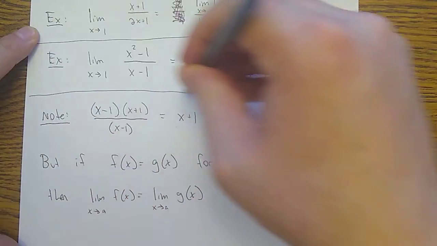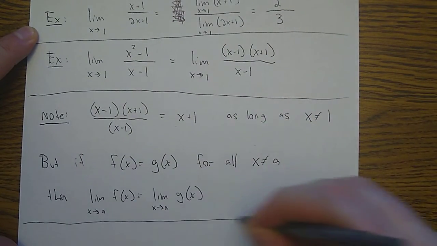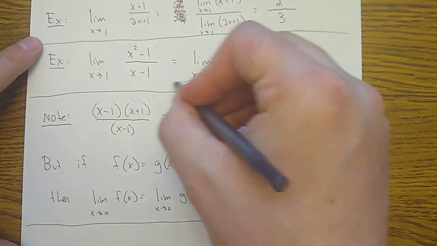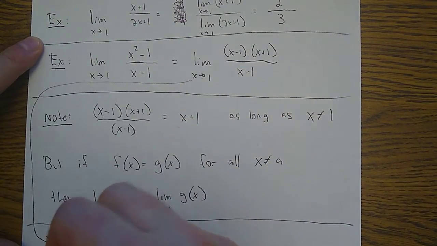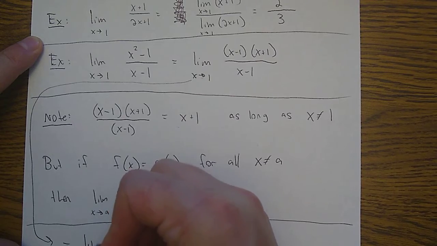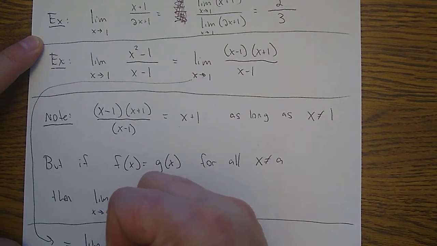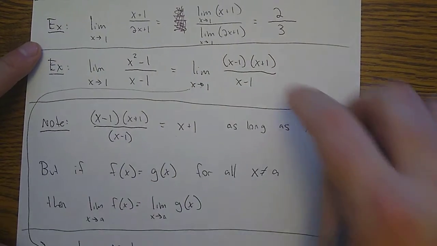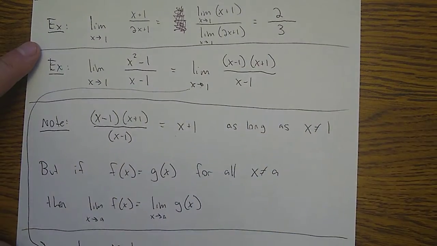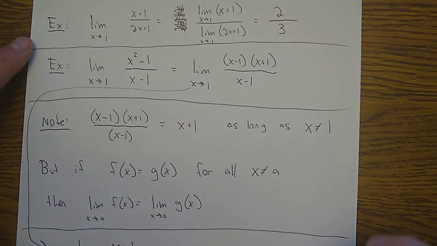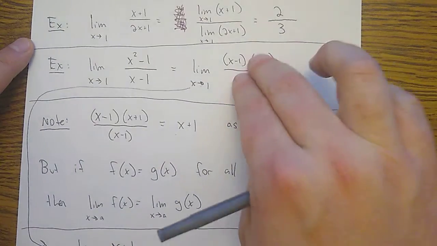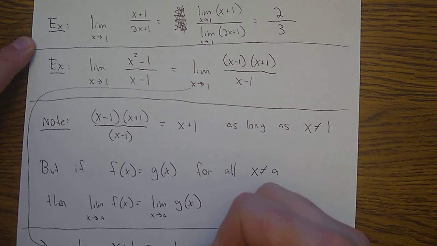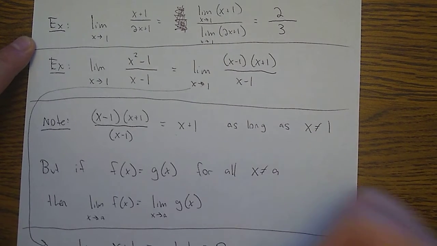So maybe let me put some lines around this note, and then I can pick up from here. Because this is the same as x plus 1, as long as x is not equal to 1, and I'm doing a limit as x goes to 1, I can replace this with this. And now this is just a polynomial, so I can just plug in 1 and I get 2.